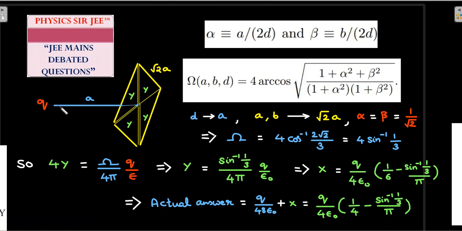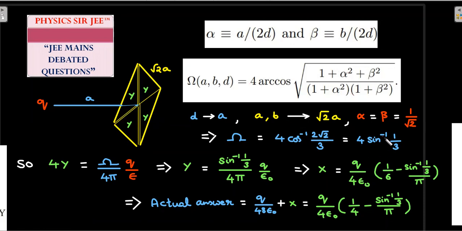So the value of distance d is a, and a and b individually are root 2a. Therefore alpha and beta are 1 by root 2 each. So if you substitute alpha and beta as 1 by root 2, you would get the solid angle as this number. I'll change cos inverse to the more familiar sine inverse 1 by 3. Sine inverse 1 by 3 is one of the very famous angles that you come across in certain problems in kinematics.